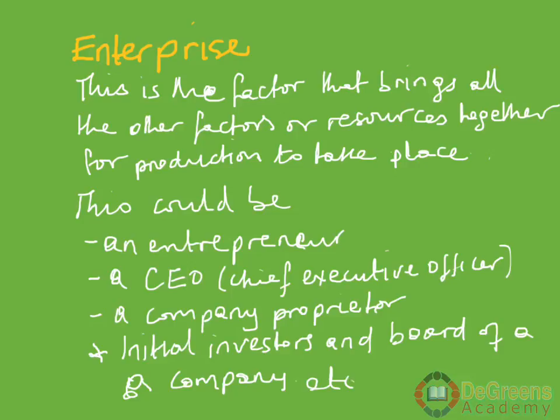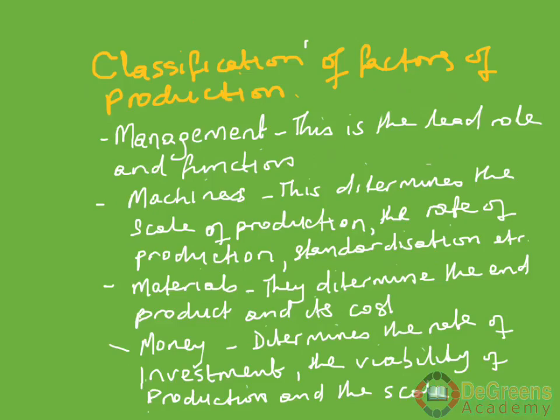As they come together, they stake their money, they provide management, and that particular enterprise, that particular business can take off. So we have seen these factors of production, and we have seen 4 of them.